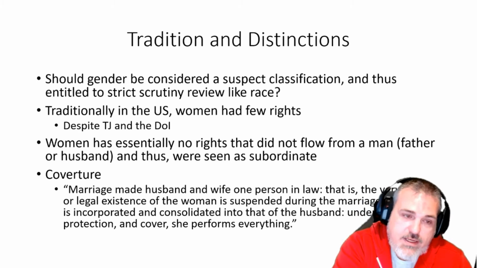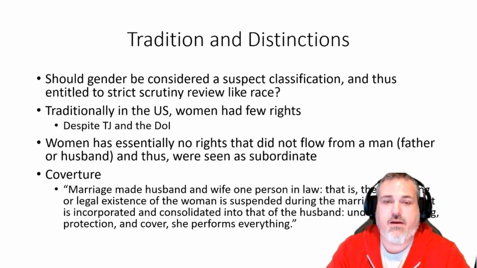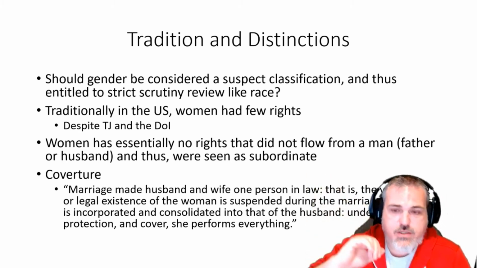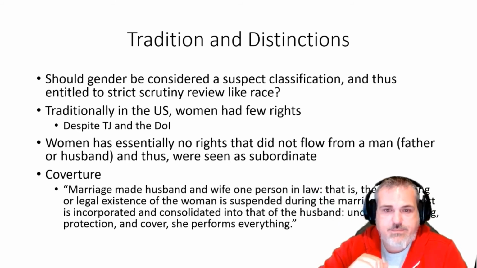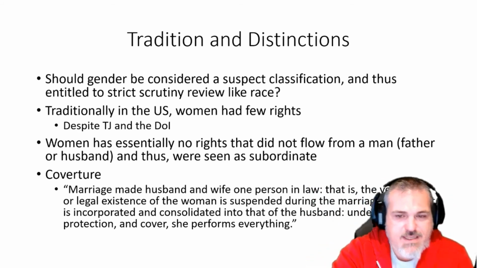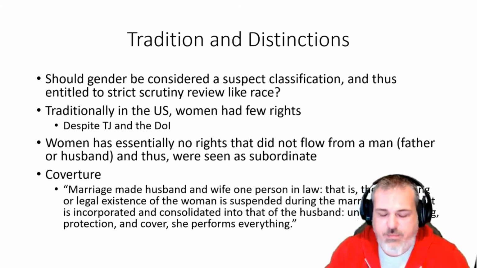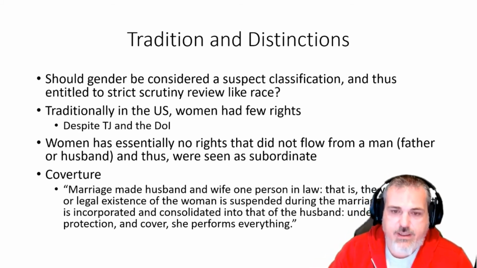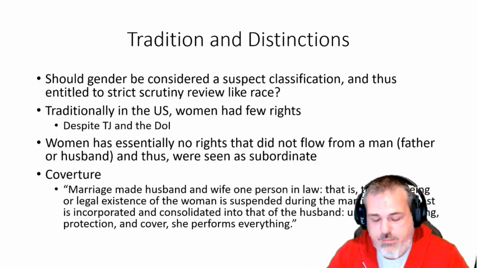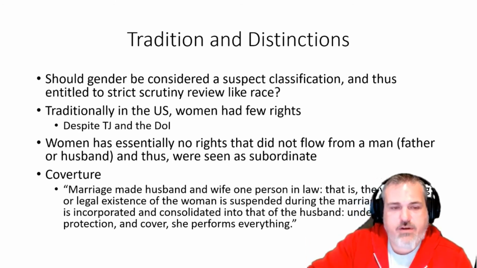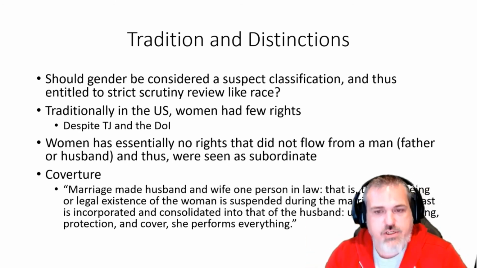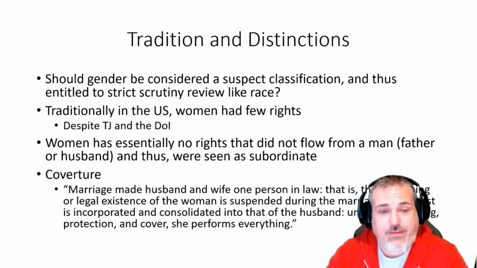So the court has to wrestle with this fact of clearly strict scrutiny applies to race, rational basis applies to everything else, and rational basis is a very low standard that courts need only demonstrate that there is a rational reason for the distinction in the law of treating Group A differently from Group B. But gender meets two of the qualifications for suspect classification, but not the third.